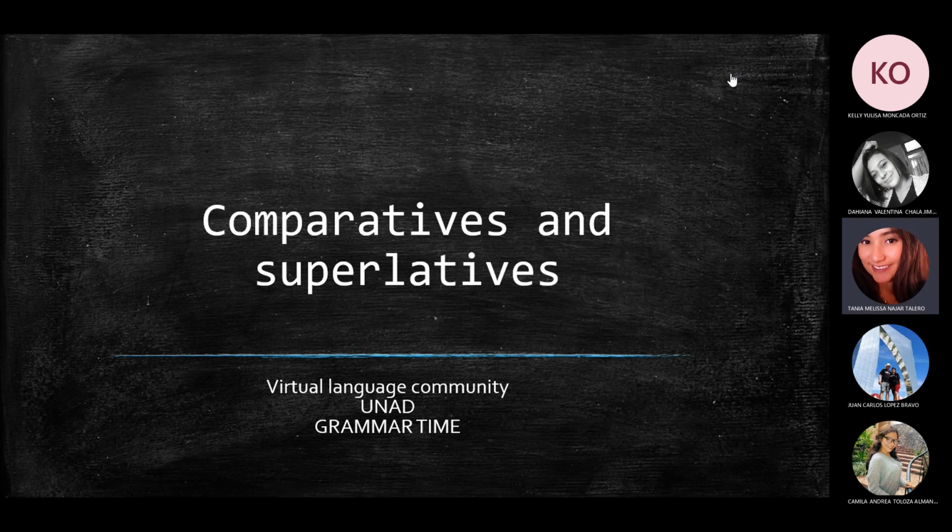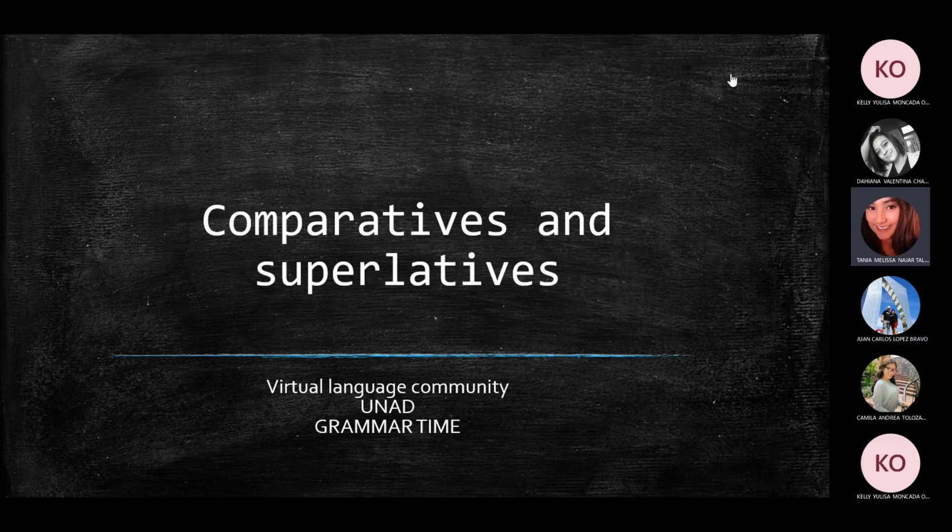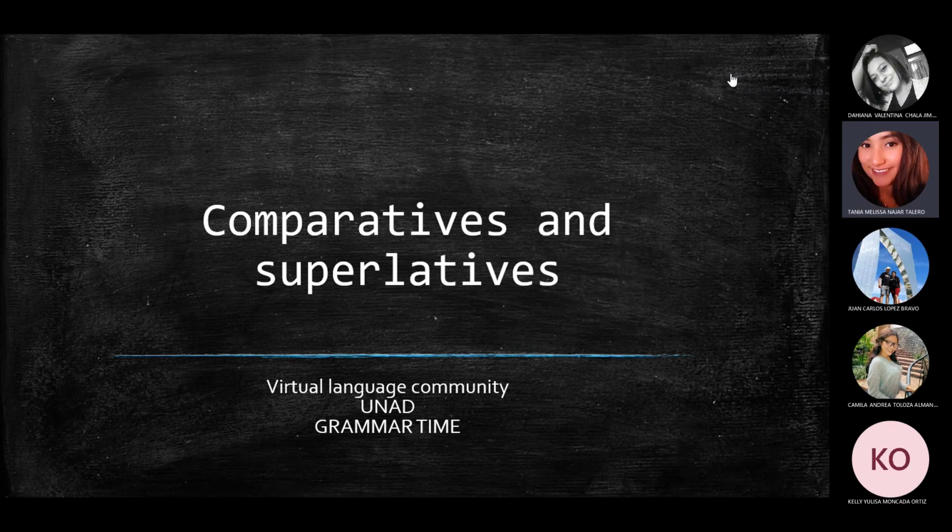Okay, remember the comparatives are things that you can compare with another thing, and superlatives are the things that you don't consider to have a comparison. So there are things that you can't compare by only words because it's really amazing, right? So that's the difference between comparatives and superlatives.